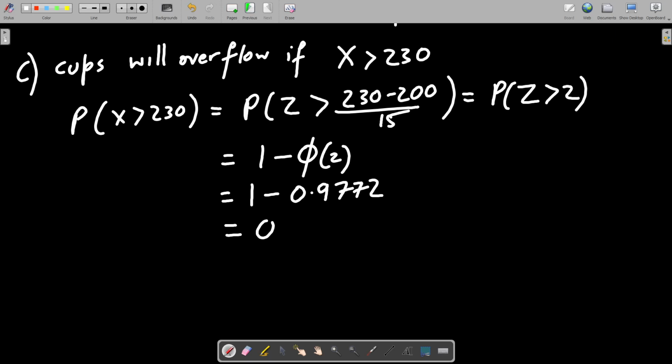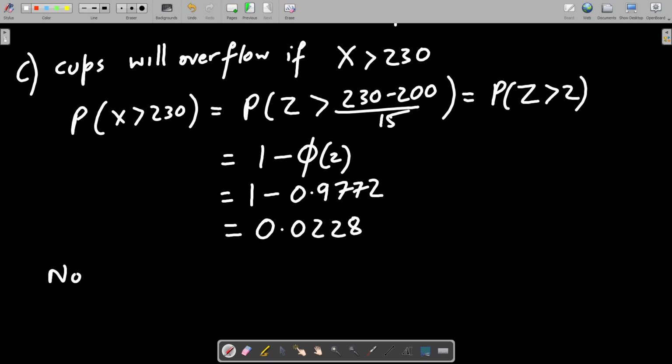So this is going to be equal to 0.0228. So this is the probability.